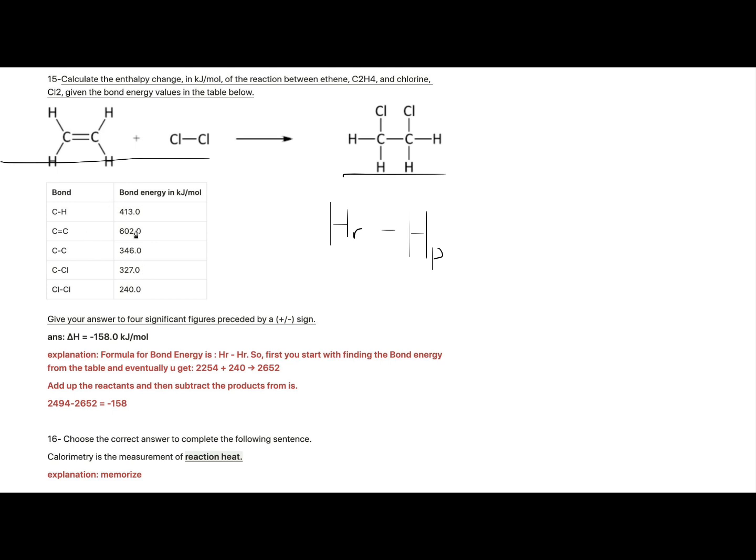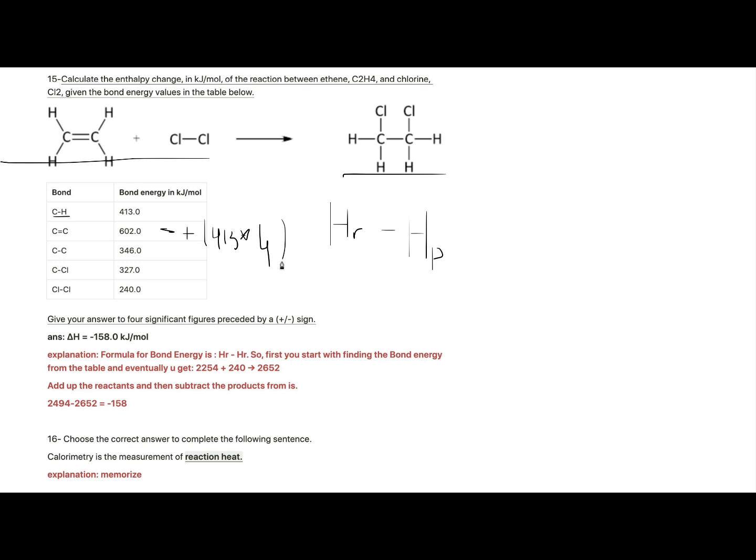So here you can see that carbon to carbon right here is 602. So you do 602 plus carbon to hydrogen, 1, 2, 3, 4 times. We look at carbon to hydrogen right here, so it's 602 plus 413 times 4, since there are 4 of them.